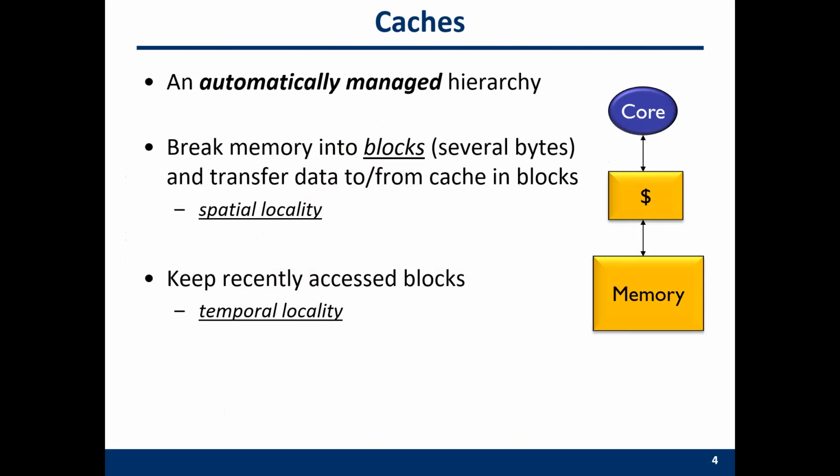Each time the cache reads 64 bytes from the memory, and your CPU reads maybe also 64 bytes from the cache. So in this way, you can capture the spatial locality. And we only keep the most recently used or most recently accessed blocks in the cache. So in this way, we can capture the temporal locality.